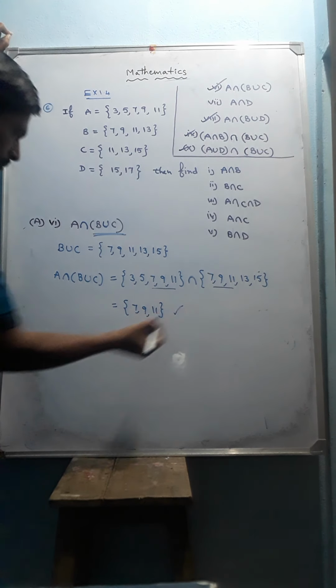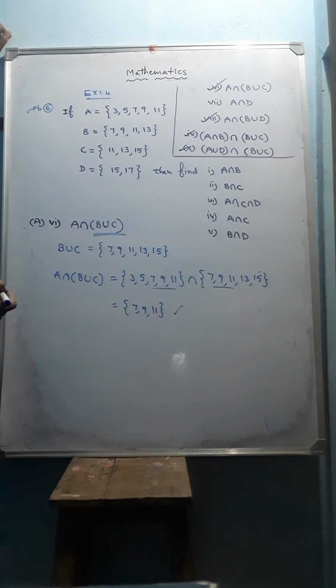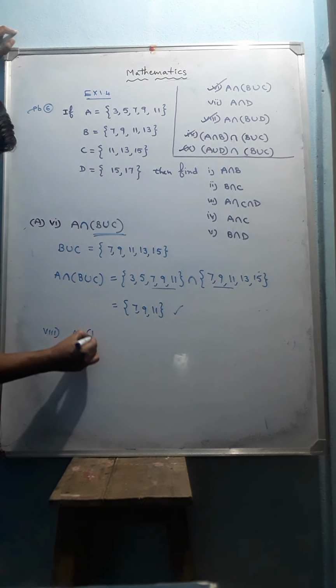Next, the eighth one: A intersection (B union D).